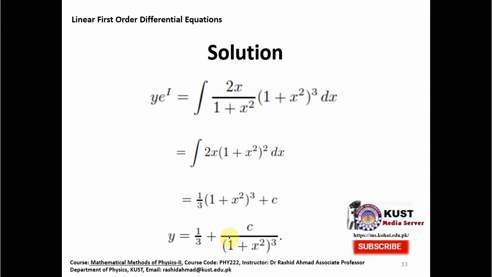So in this first example, although there was no physical understanding involved, I have shown you how different steps can be made and how the integrating factor can be found, and then by multiplying this integrating factor with the equation, we can very easily determine the solution.